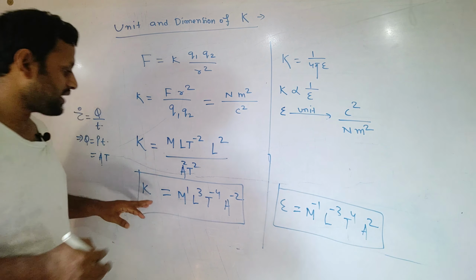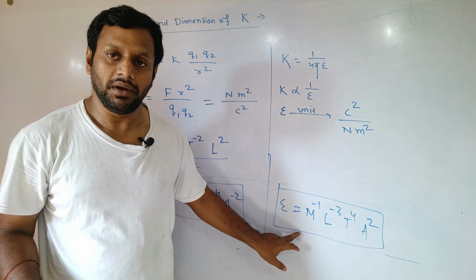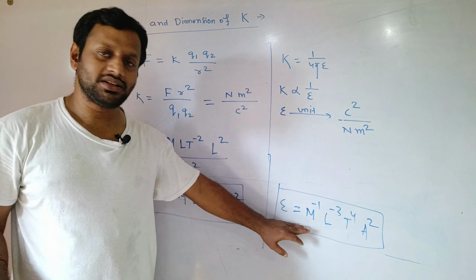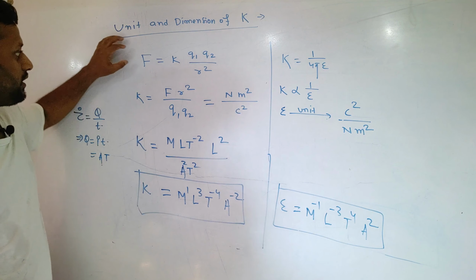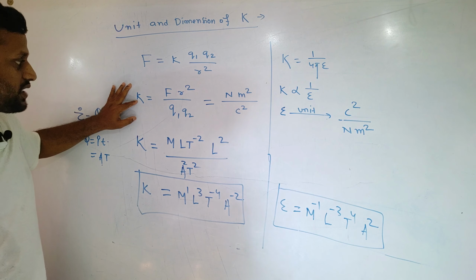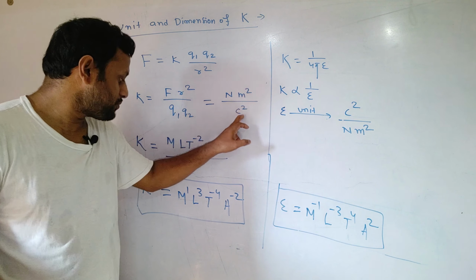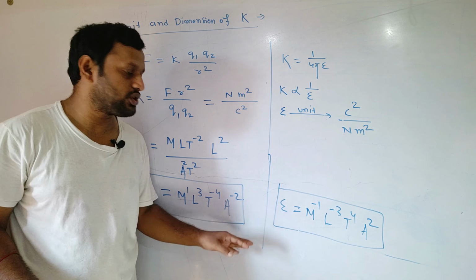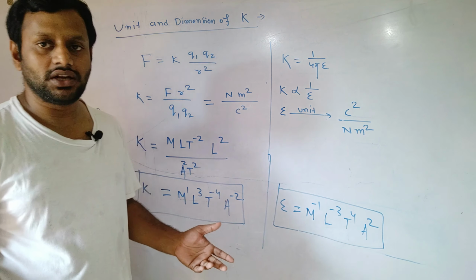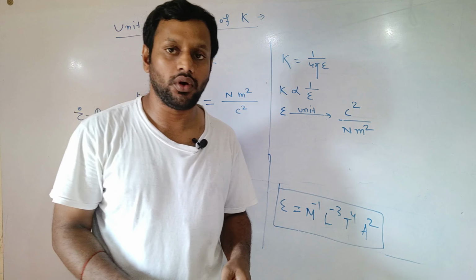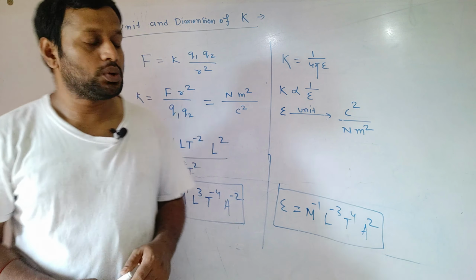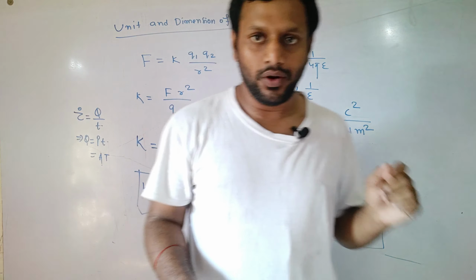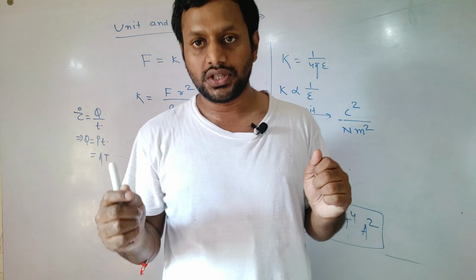The permittivity unit is Coulomb square by Newton meter square, and the Coulomb constant unit is Newton meter square by Coulomb square. This is a very frequently asked question, unit and dimension of K or epsilon. This was basically the scalar form of your Coulomb's law.